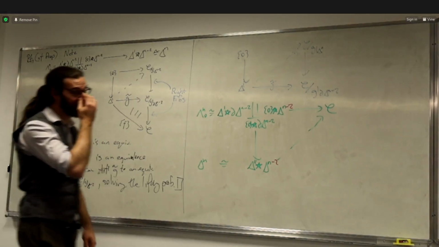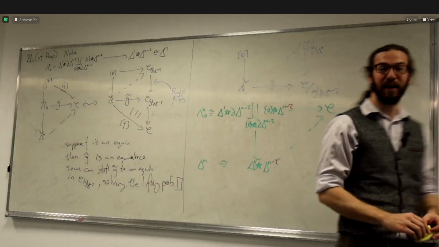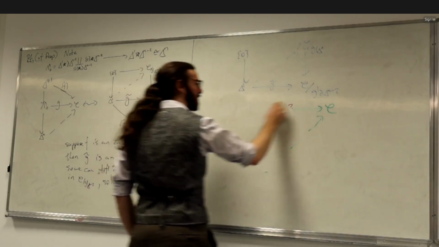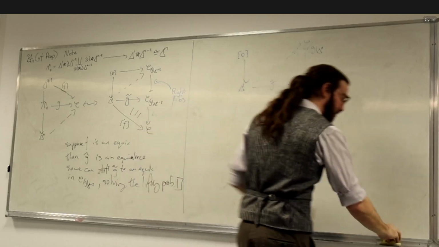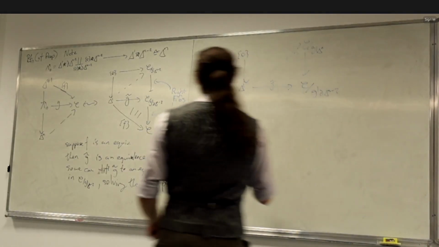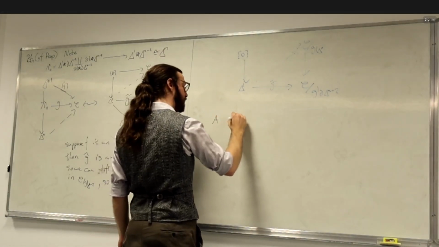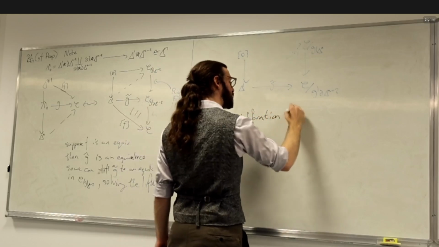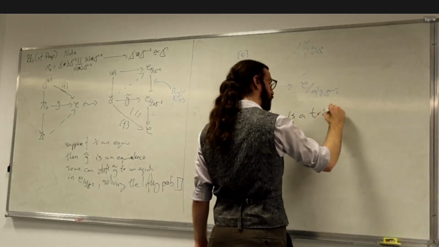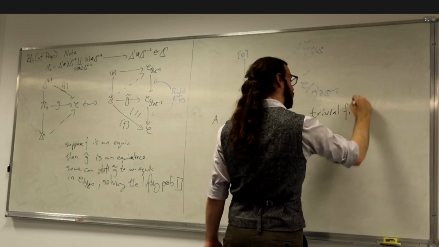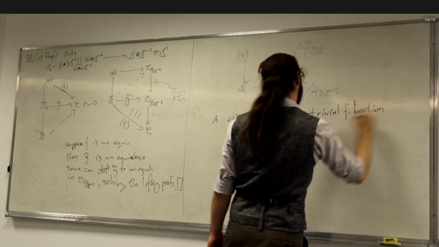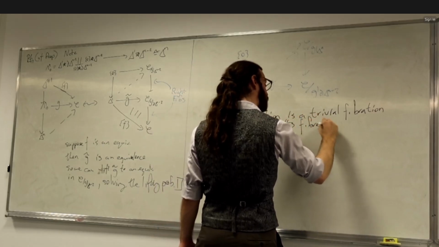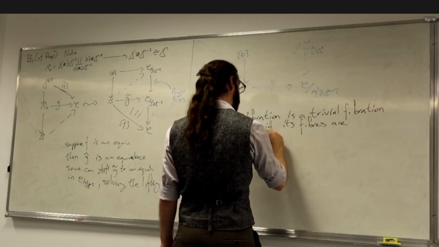So I guess one side note that I would like to mention, because it will come up when we talk about limits and colimits, is that a right fibration is a trivial fibration if and only if its fibers are contractible.